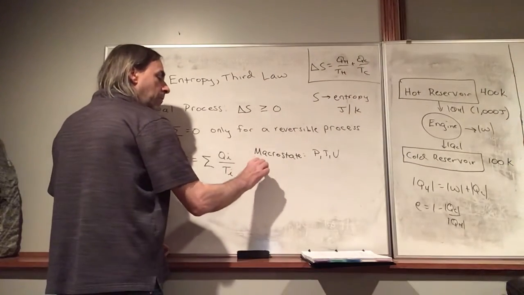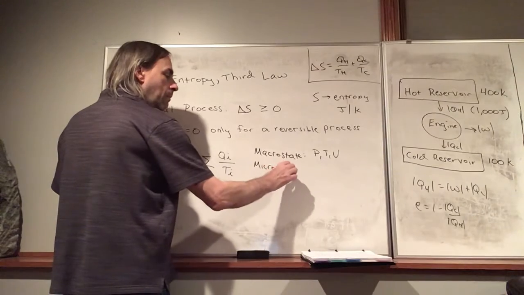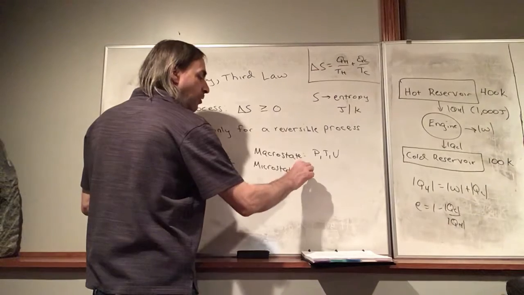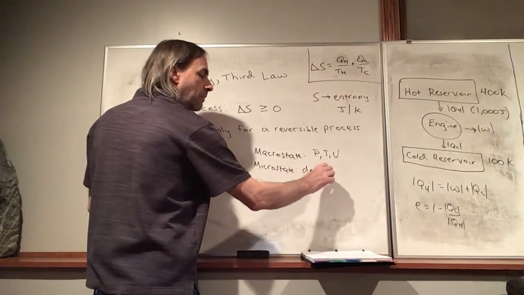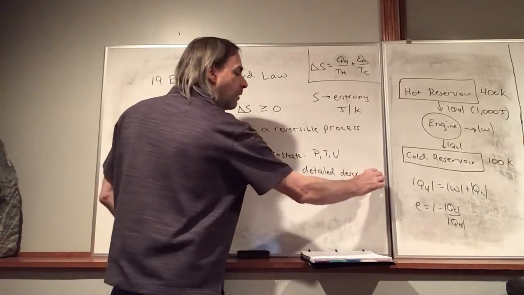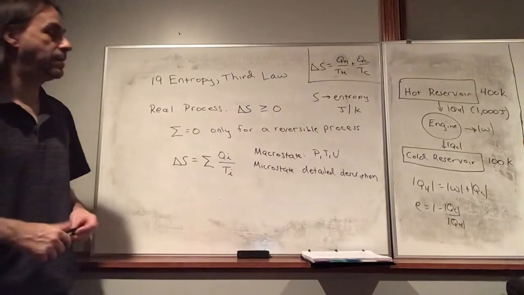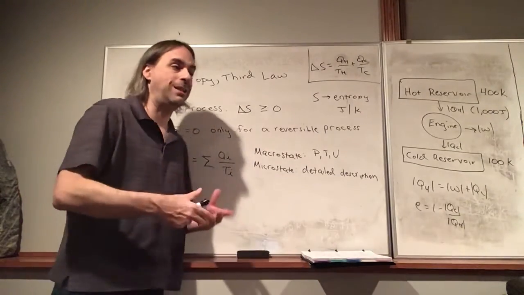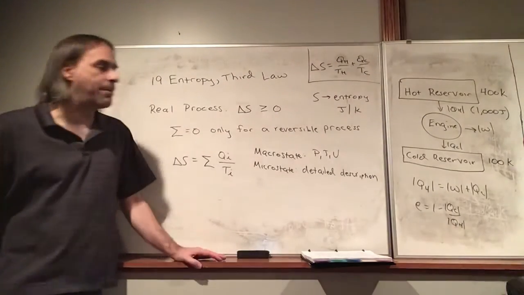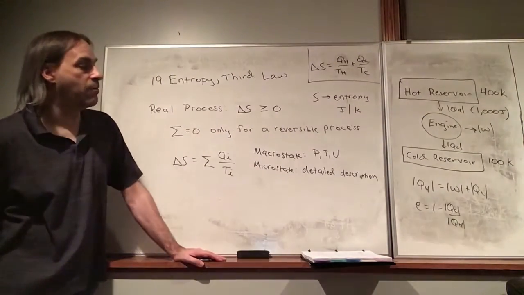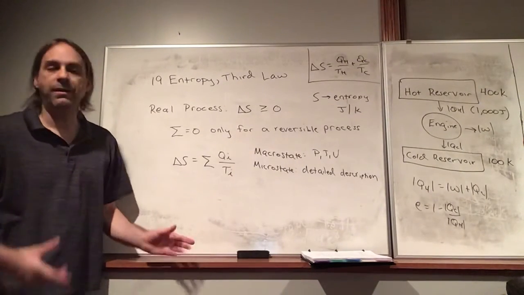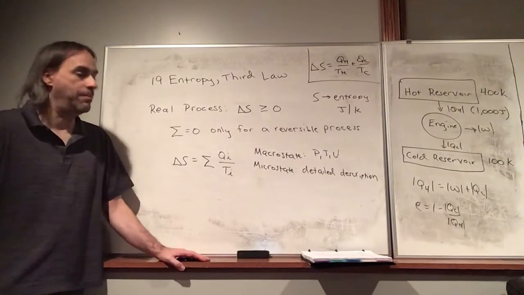And the micro state would be the detailed description of everything that's going on in the gas, like the mass, velocity, and position of every molecule in the gas. And again, it's very hard to wrap your mind around that, because the number of molecules of gas is literally more than you could count in your lifetime. The idea that we could even know what it would be is impossible.